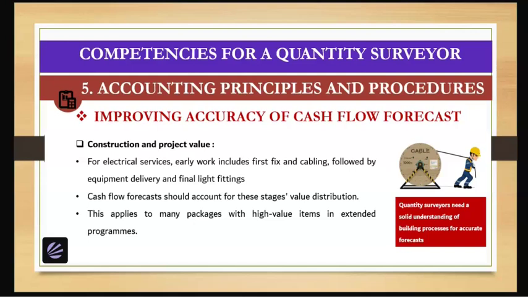So the cash flow forecast should account for these stages of value distribution, and this applies to many packages with high value items in extended programs. So as quantity surveyors, we need to have a very solid understanding of the building processes for accurate forecasts.